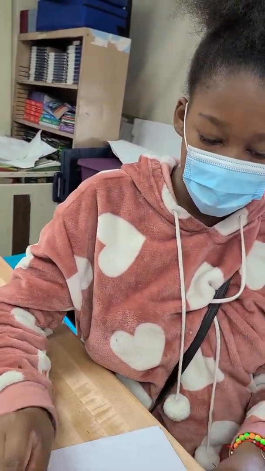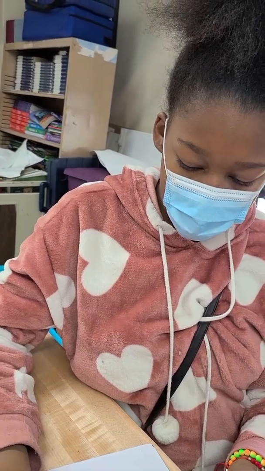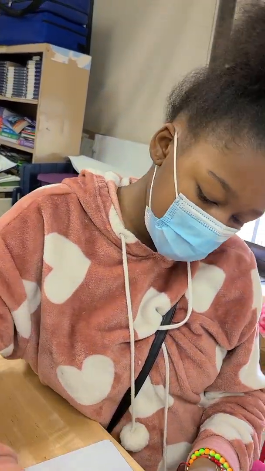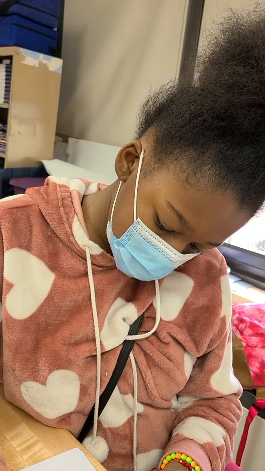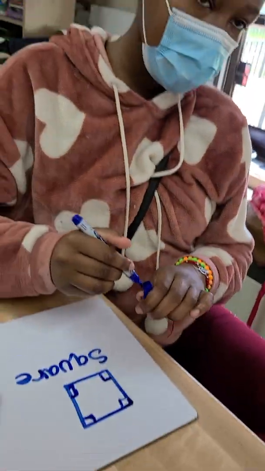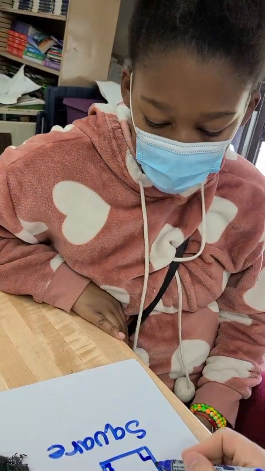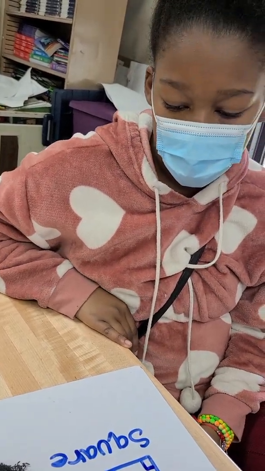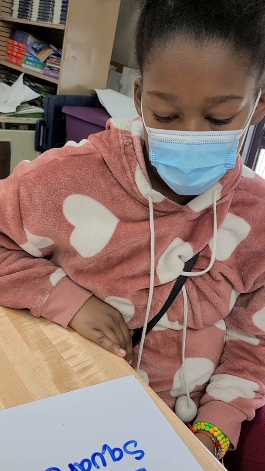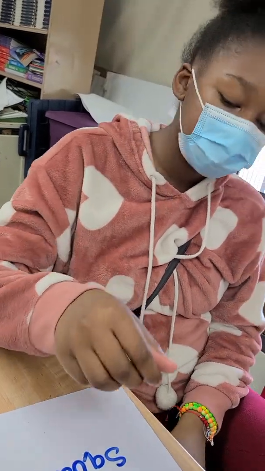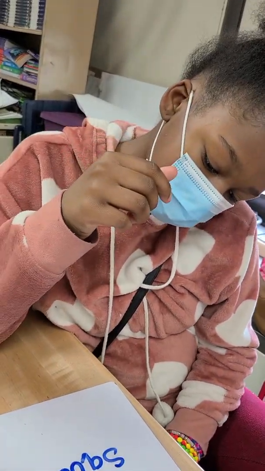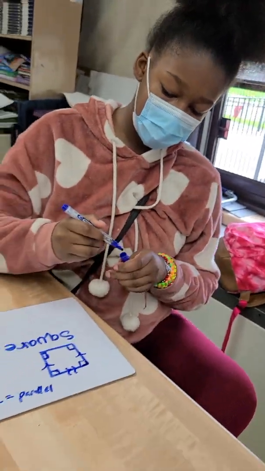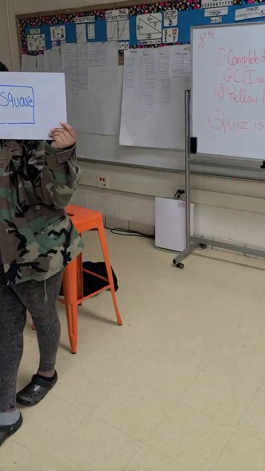Draw the shape. Write his name. 4 right angles, all my sides the same. What am I? Show me your board. 5, 4, 3, 2, and 1.